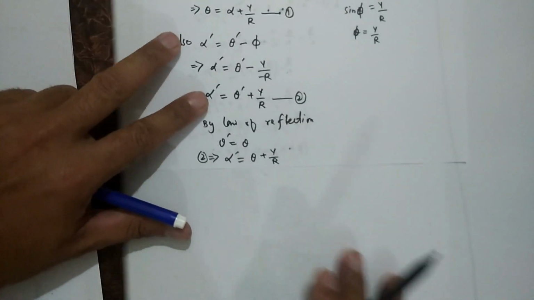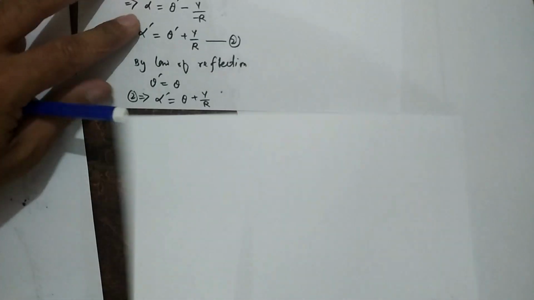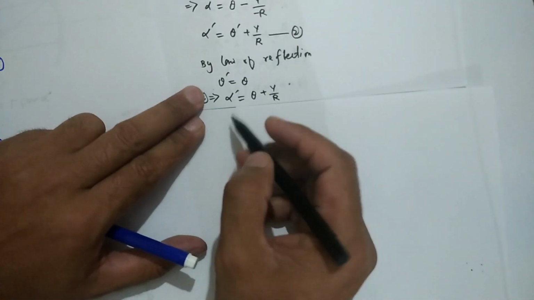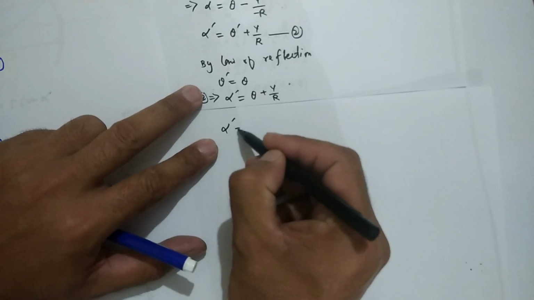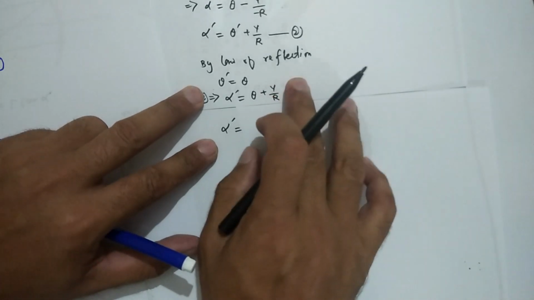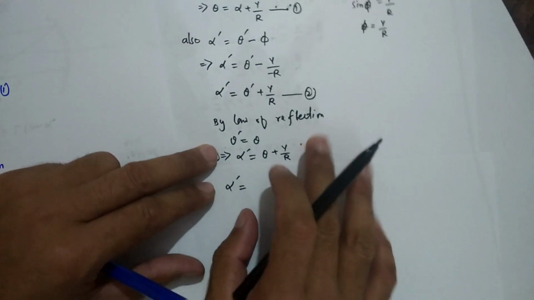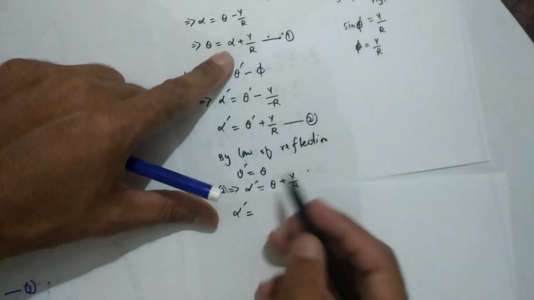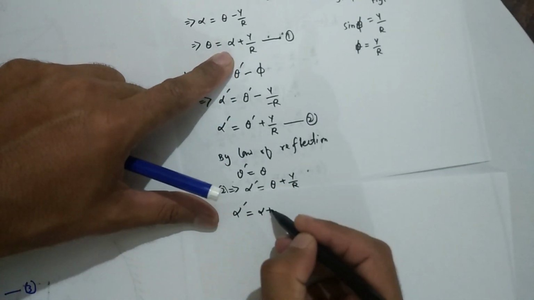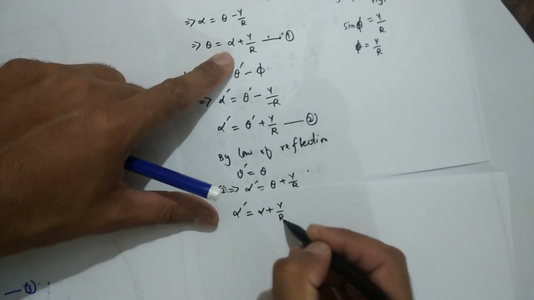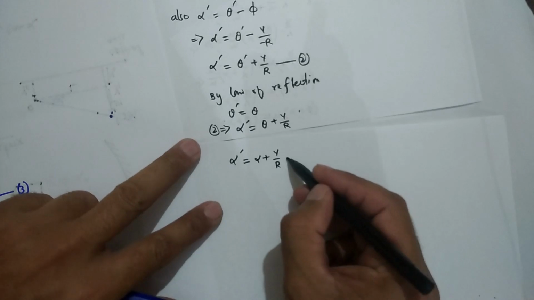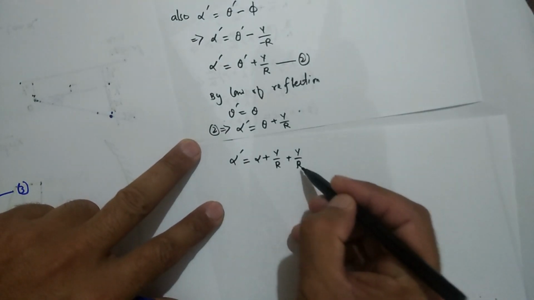So alpha prime is now equal to theta, and theta is alpha plus y upon r, plus this one y upon r.